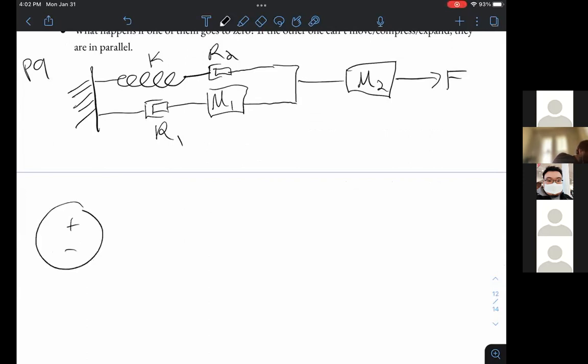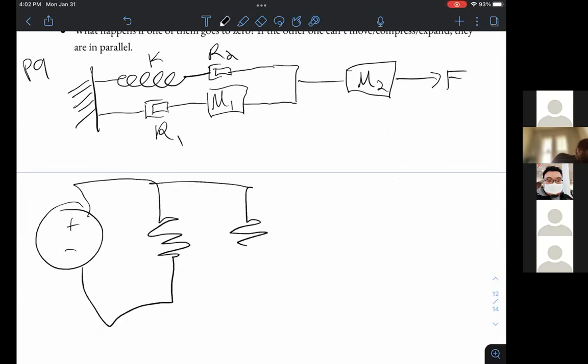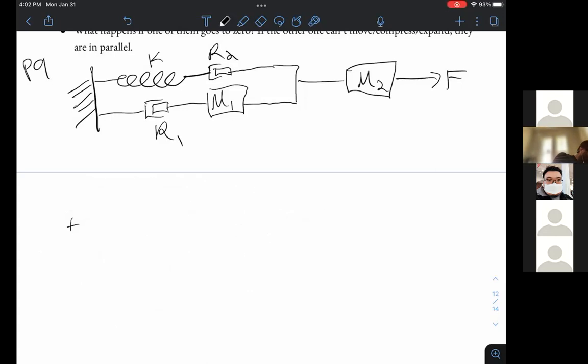If I draw my voltage source like this, and I have two resistors in parallel, and one of those resistors goes to 0, it's a short circuit. Then the current here is 0, okay? And that's what that last analogy is. That's legitimately too much to wrap your head around, just hearing it said that way.